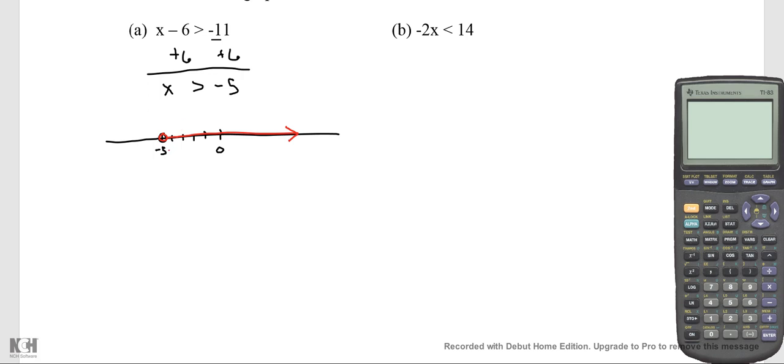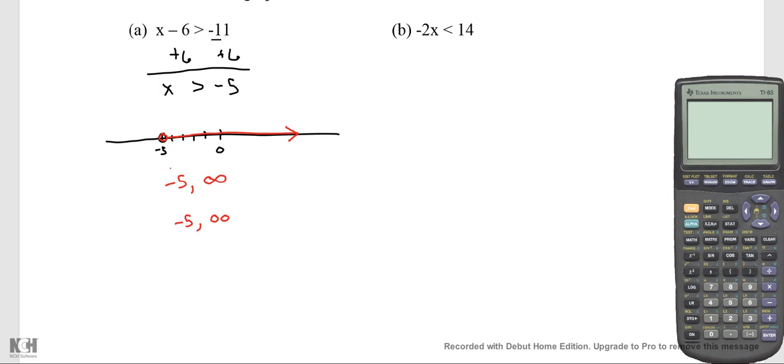I want to write this as an interval, so I look at my graph. My graph starts on the left-hand side at -5, so I'm going to start at -5, and then I'm going to go on to infinity because it goes to the right forever, so I use the infinity symbol. In my open math, you'll use 2 lowercase o's to make infinity as you type it.